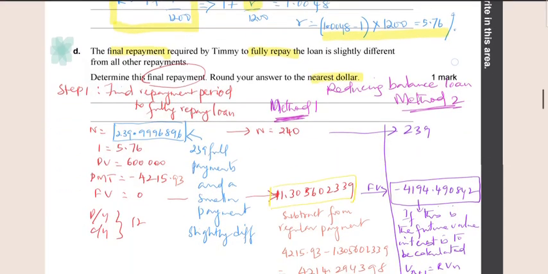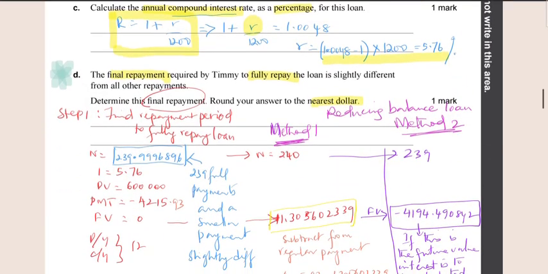First, because we have no idea how long this loan is going to go for before we find what the final payment is going to be, the first thing is you find the repayment period. In order to do that, we have I, which we calculated to be 5.76, PV to be 600,000.